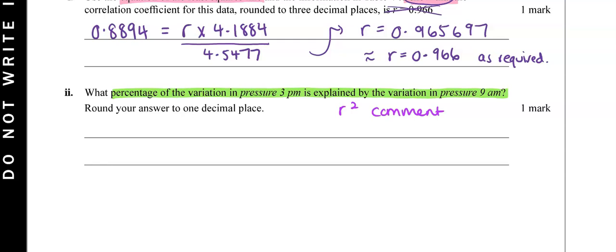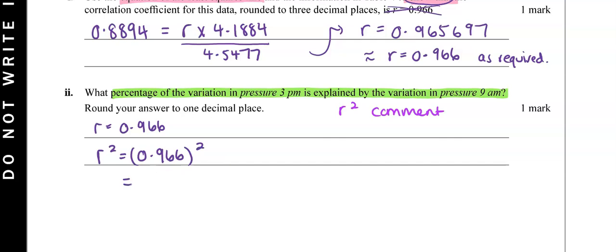So we need to find R squared. We can do that because directly above we've been told that R is equal to 0.966. And we can use that rounded version because it has been given to us as part of the information in the question. So our R squared is 0.966 squared.